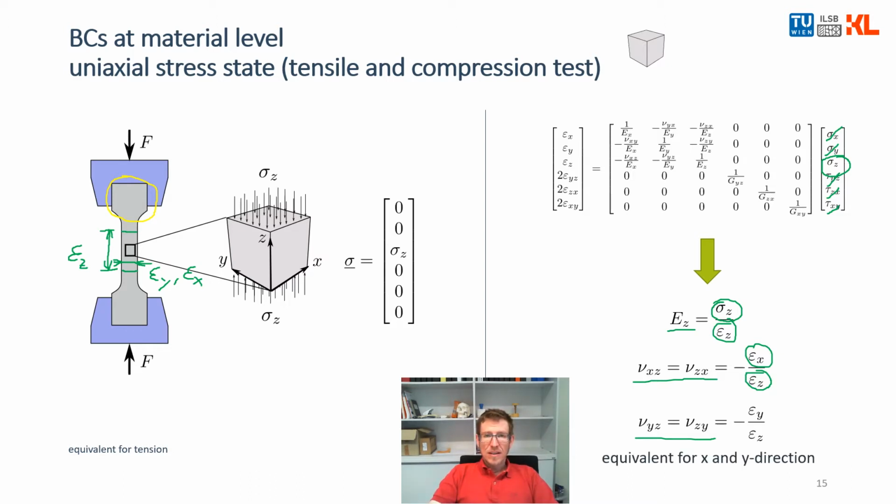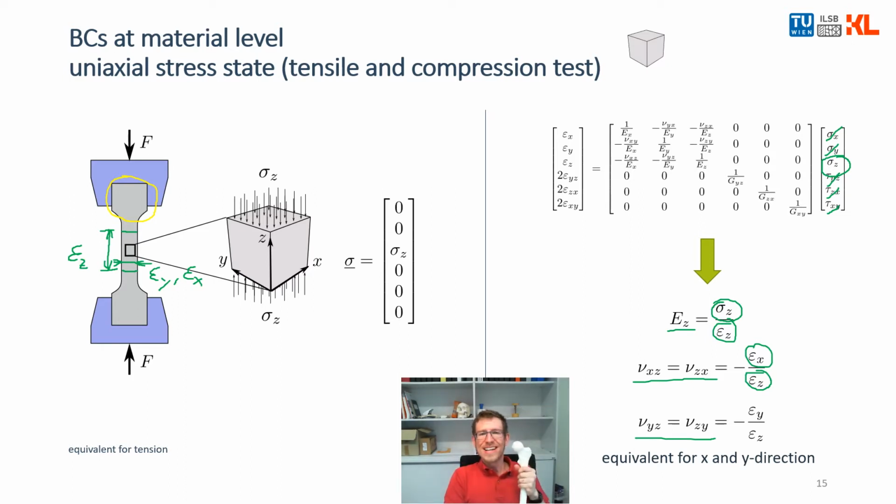And this can be done equivalently in the other 2 directions. So imagine your first experiment was cutting out a sample in the longitudinal direction of your bone shaft, for example. You get these 3 numbers, and then you do a second and a third experiment where you cut out your sample in the transverse direction here, and in that transverse direction.